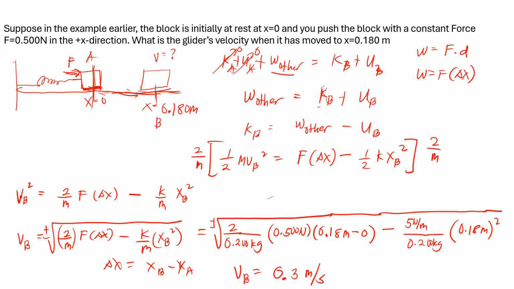Since the work other is done by a simple pushing force, we can calculate the work, that is force times distance, plug it in here, and just do the math in deriving the VB, and we arrive at this answer.